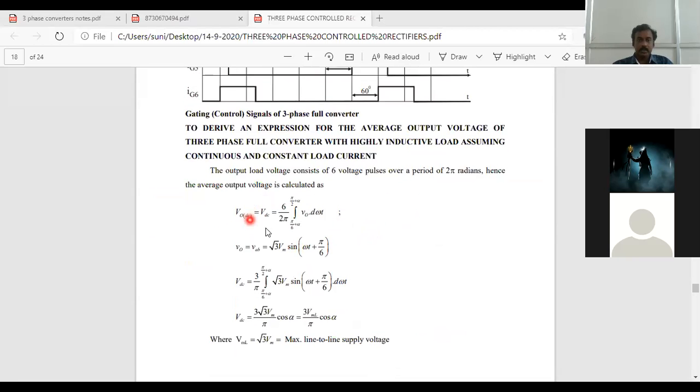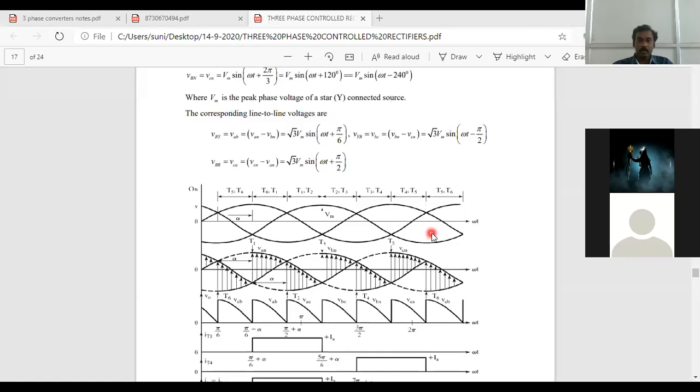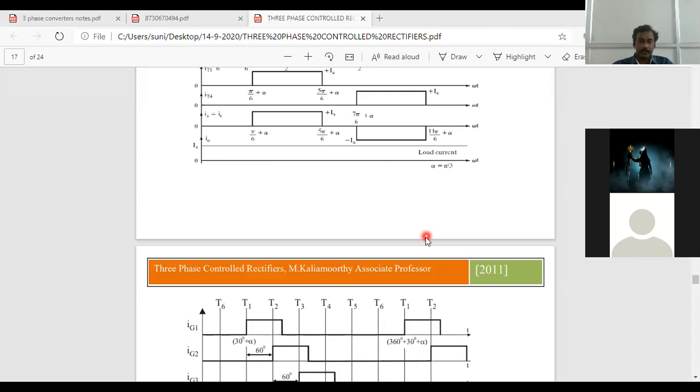So you can check this one for the output DC voltage of a three-phase full converter. Here the total periodicity is going to be 2 pi by 6, and the limits are going to be from pi by 6 plus alpha to pi by 2 plus alpha. The output load consists of 6 voltage pulses over a period of 2 pi. Why do you consider the periodicity to be of this value?